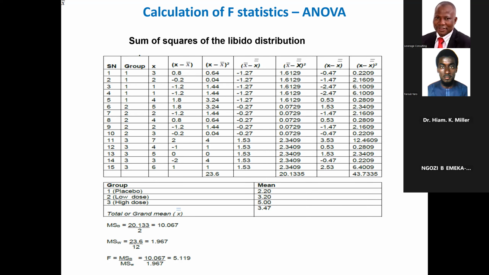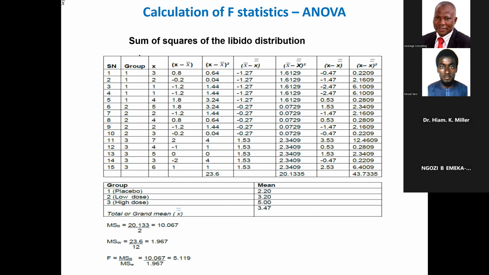You remember the way you calculate variance? You say sum of square over the degree of freedom, n minus 1. So that first one you see here now, MSB, mean square between, the variability between, which is 20.1335, over the degree of freedom, which is 2.